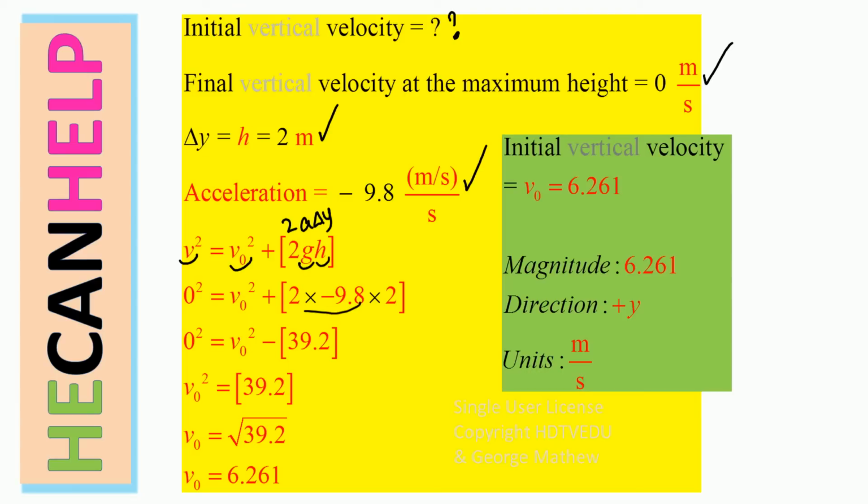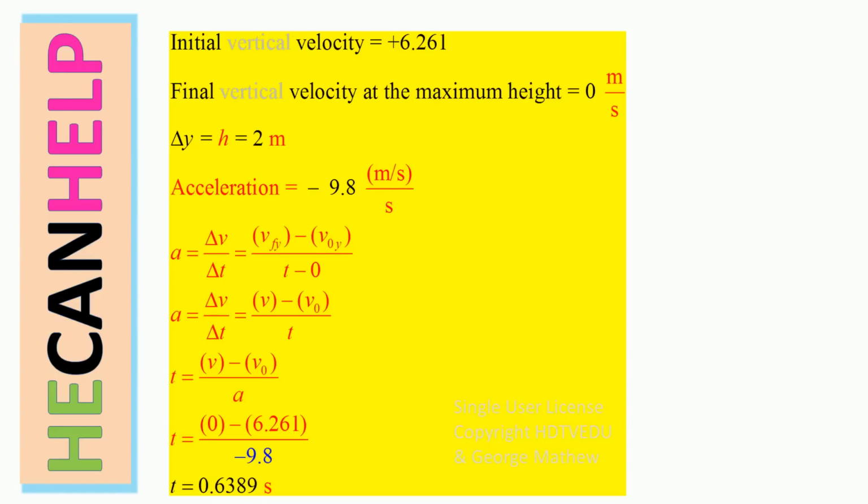So negative 9.8, 2, and then you have the other 2, and you get 6.261. What is the magnitude? 6.261. What is the unit? Meters per second. What is the direction? Positive y. So once you have the initial velocity, final velocity, acceleration, we can always solve for the time.